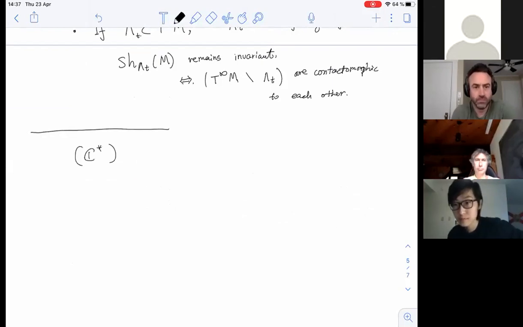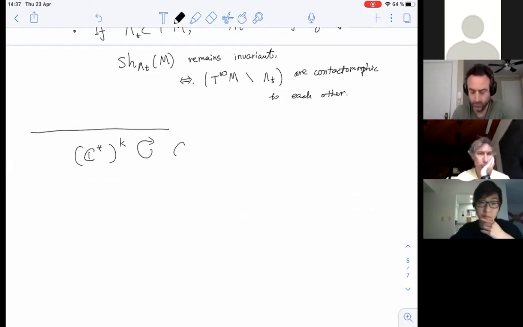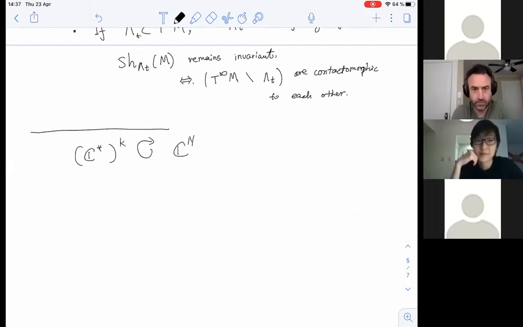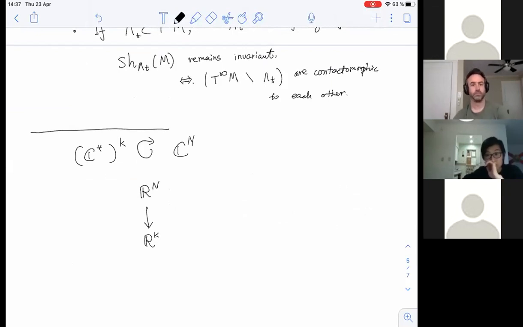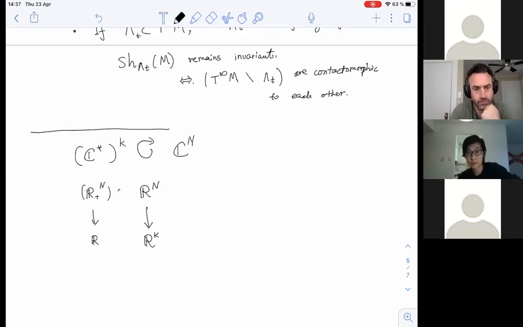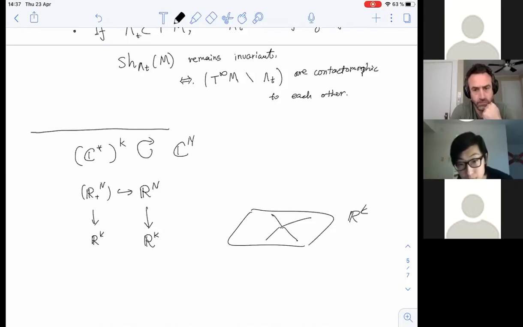So you're asking if I have C star K acting on C star N, and then there is some projection, a projection of the moment polytope of Cn into Ck, which defines certain strata, certain chambers.